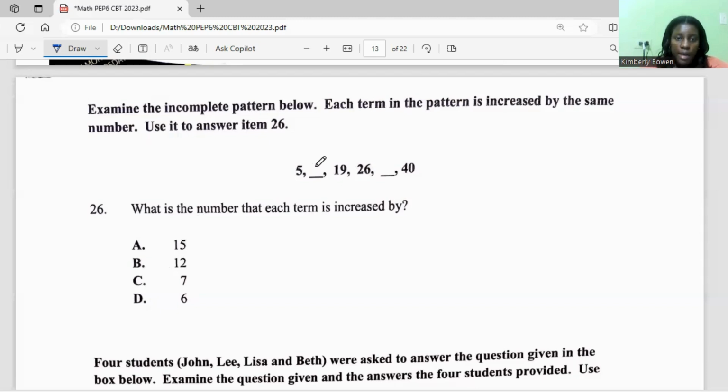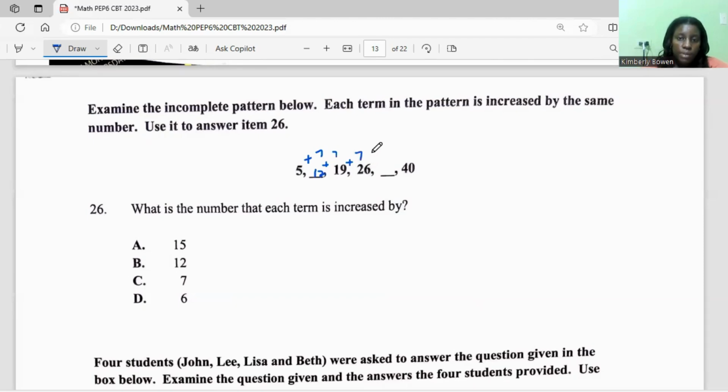Let's see. 5 plus 7 equals 12. Let's just plug it in and see if that works here. Plus 7, and 12 plus 7 is 19. Let's check if 19 plus 7 is 26. 19 plus 7 is actually 26.